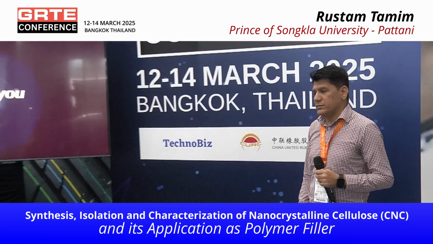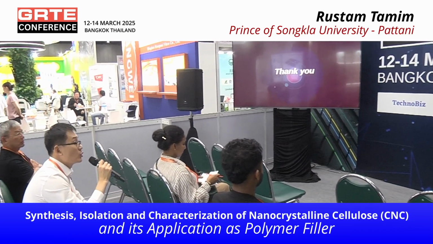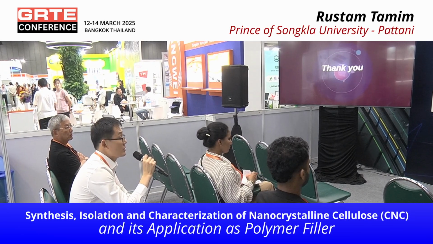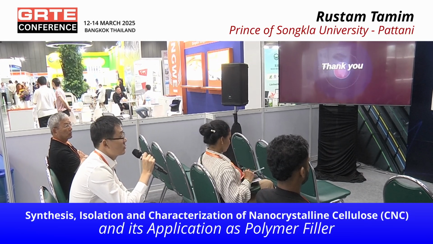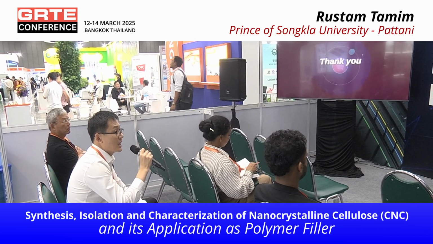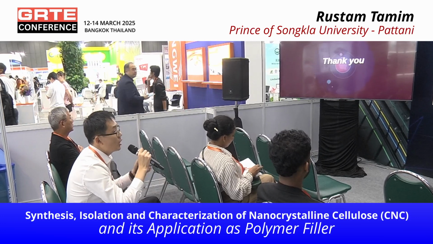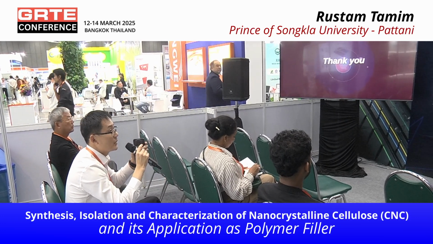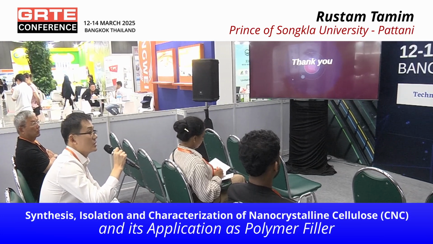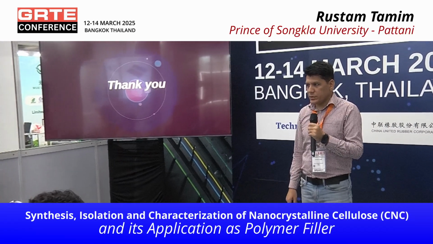Nanocellulose has polar functional groups or hydroxyl groups. I think it is not very compatible with rubber or plastic. How do you make this compatible with the rubber and the plastic? What kind of modification?